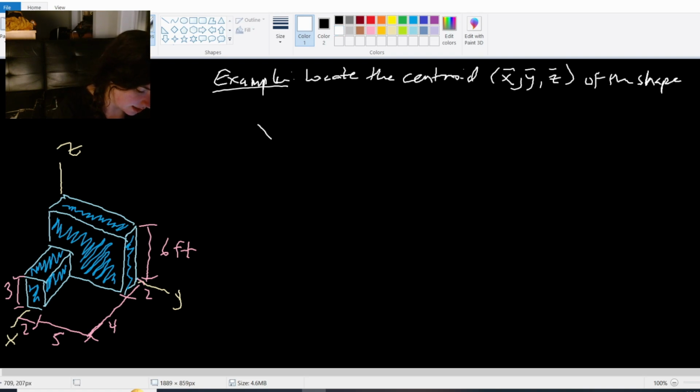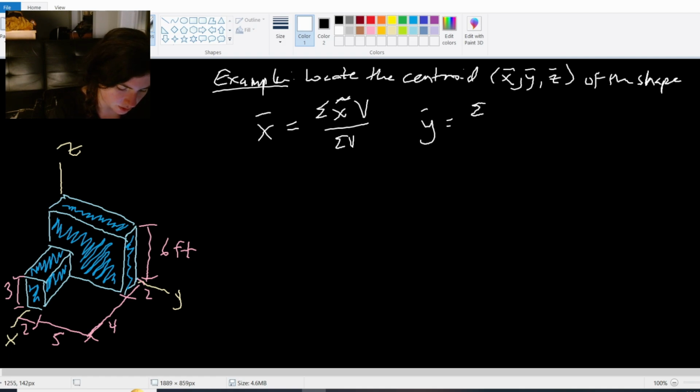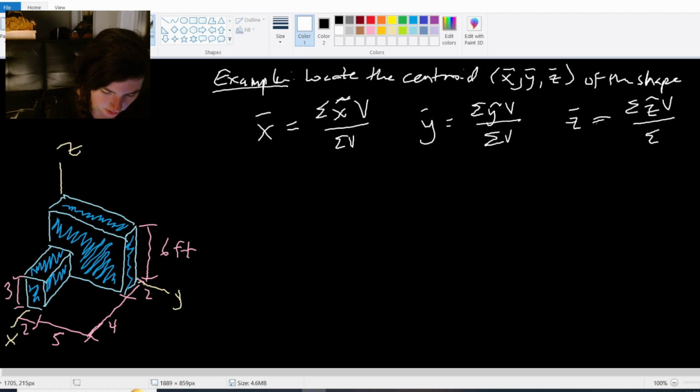So our x bar is the summation of our x centroid, our x tilde for each shape, times v, our volume, over the summation of volumes. And this tracks for our y and our z bar even. So nothing really new, just a different application.